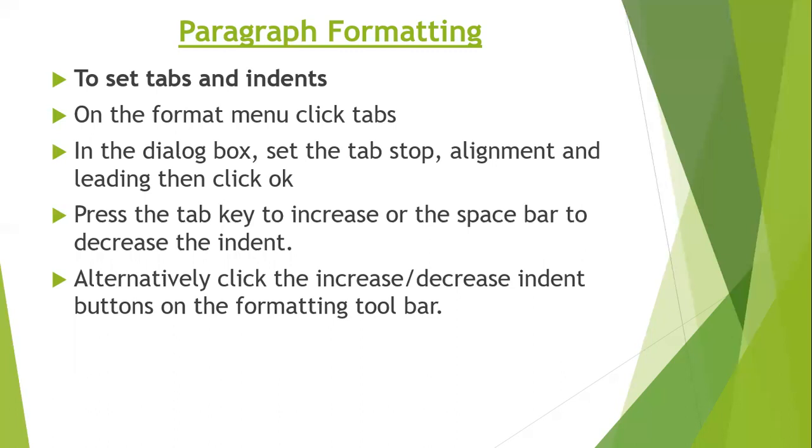Then in the dialog box, select the tab stop, then alignment and leading. Then click OK. Then you press the tab key to increase the indent, or the space bar to decrease it. Alternatively, you can click the increase or decrease indent buttons on the formatting toolbar. So that's how you can set tabs and indents.